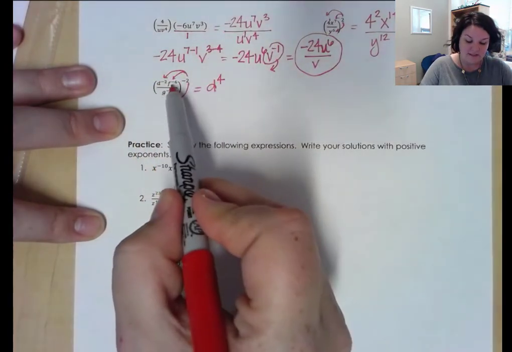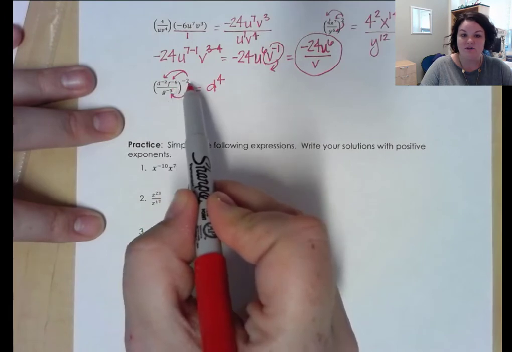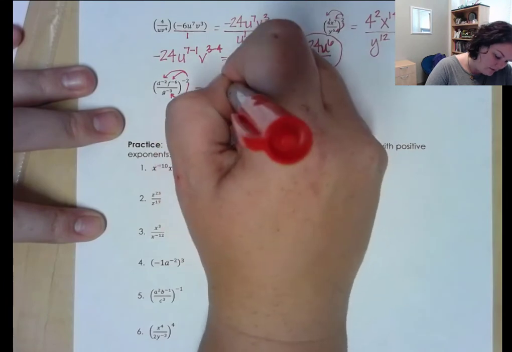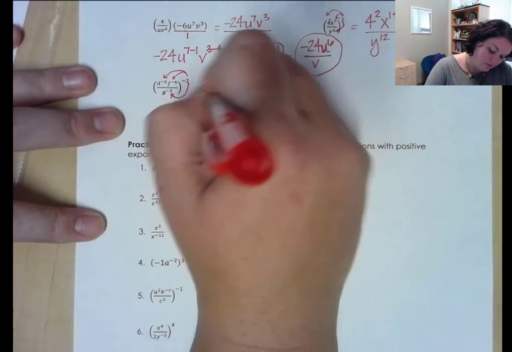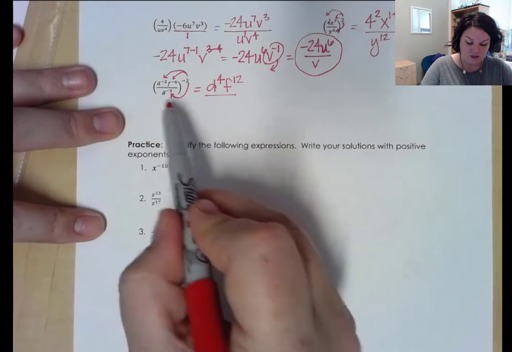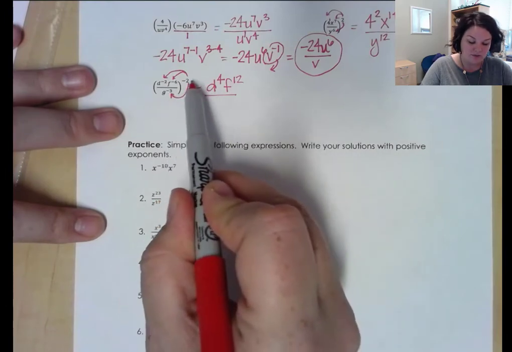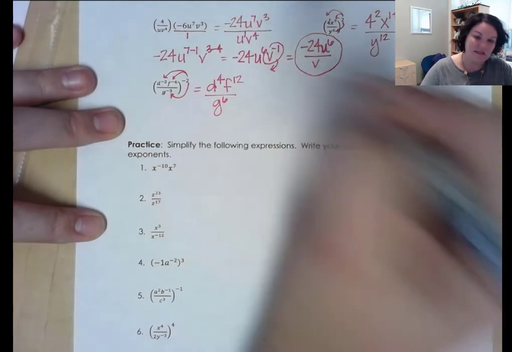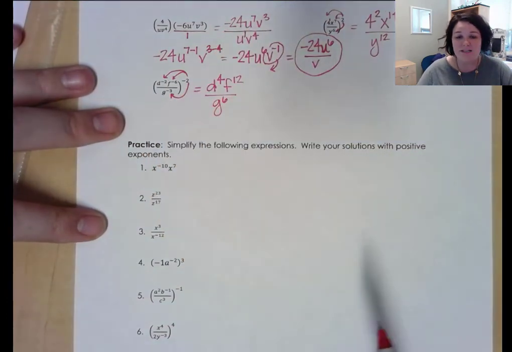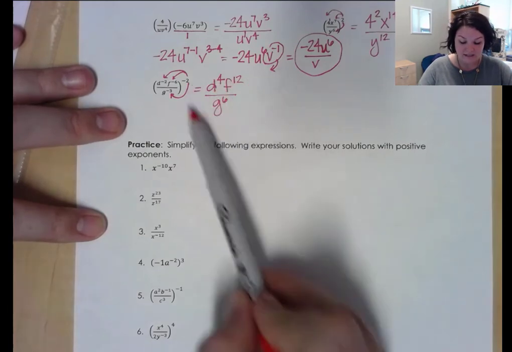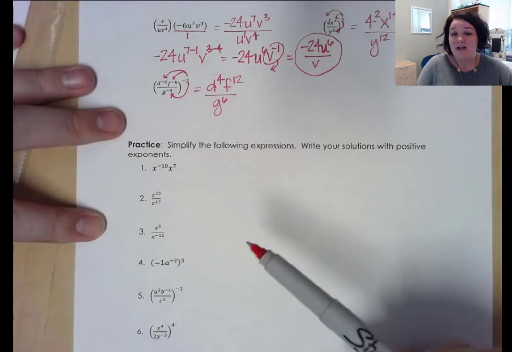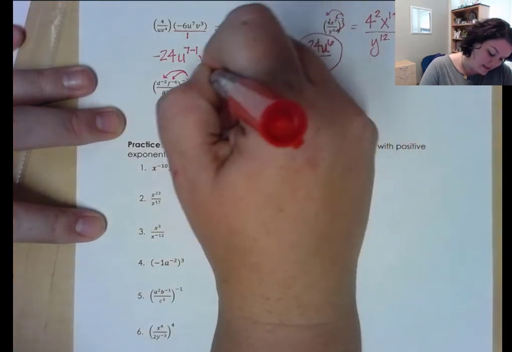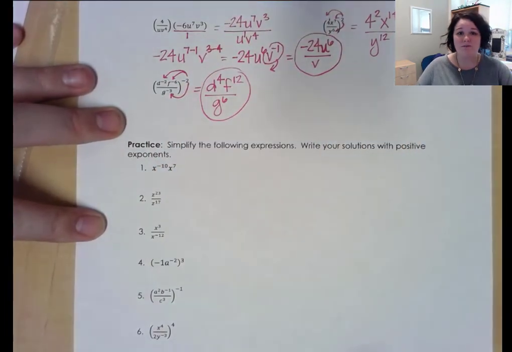When I do f to the -6 and I distribute that -2 to the -6, I'll end up with f to the +12. And on bottom, g to the -3, when I distribute -2 to -3, I end up with g to the +6. And notice what happened because we're doing negatives times negatives, all of our exponents ended up positive. So I don't even have to move anything to get rid of negative exponents because I don't have any. So this is actually my final answer. I don't have to do any more simplifying.